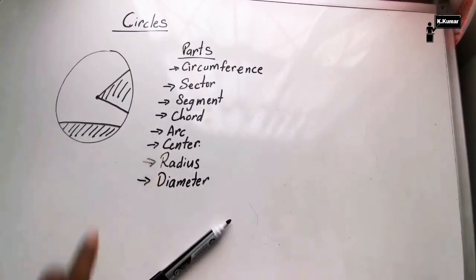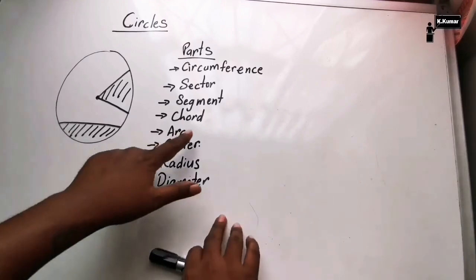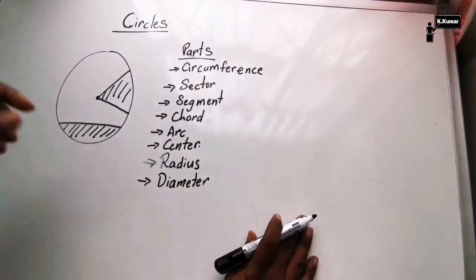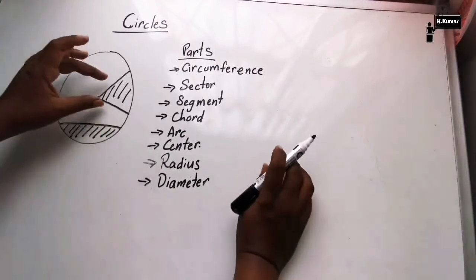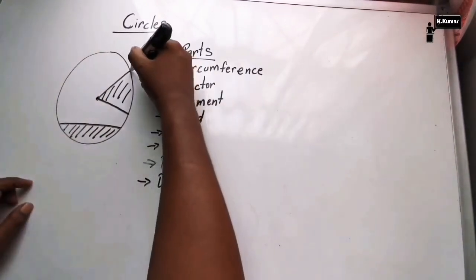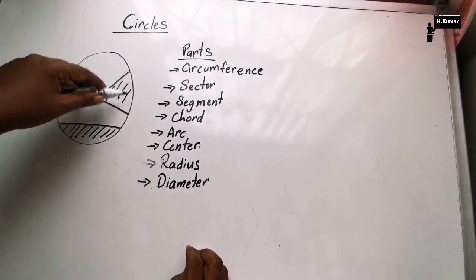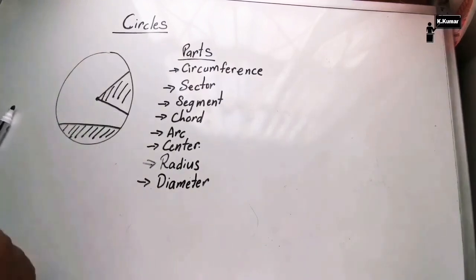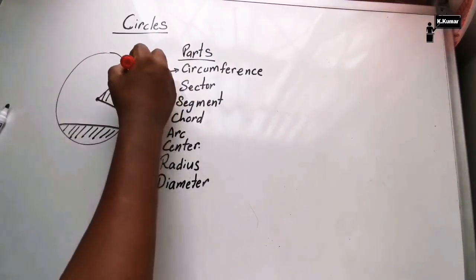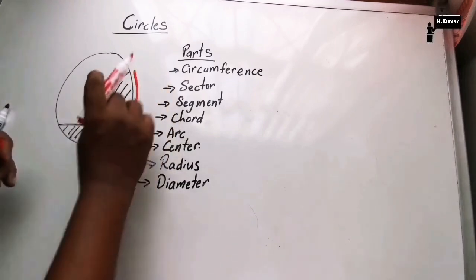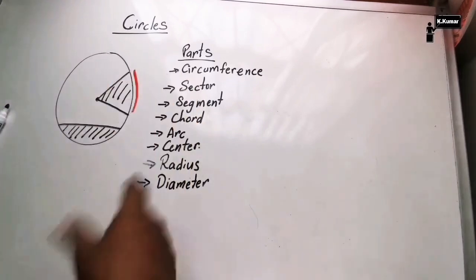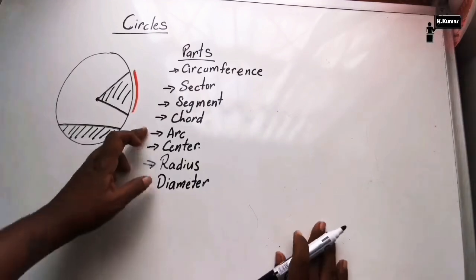Then you have the arc. The arc is a part of the circumference. So how we have the sector here, then this little piece going from here to here is considered the arc. And here again you have a minor arc, and then you have a major arc.